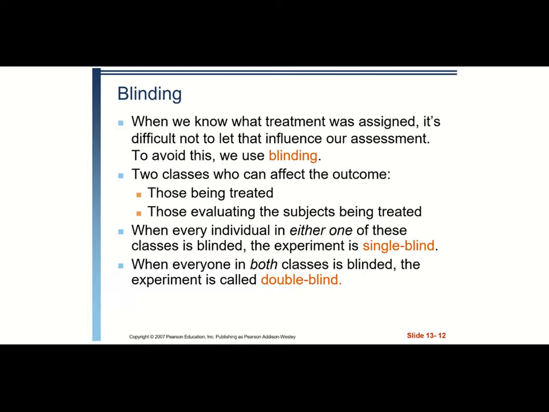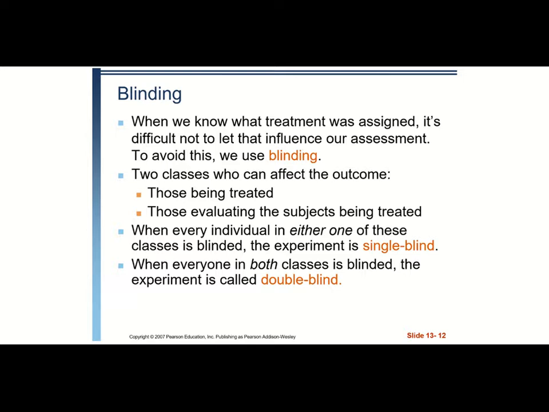That desire for success might affect the results even subconsciously as he starts to measure the results at the end of the experiment. And for that reason, we might want to include blinding in this experiment. Now, blinding is when we keep the examiner of the subjects in the dark about what treatments were received. Okay, so in this case, the farmer would be kept in the dark. He wouldn't be told which plots received which treatment.